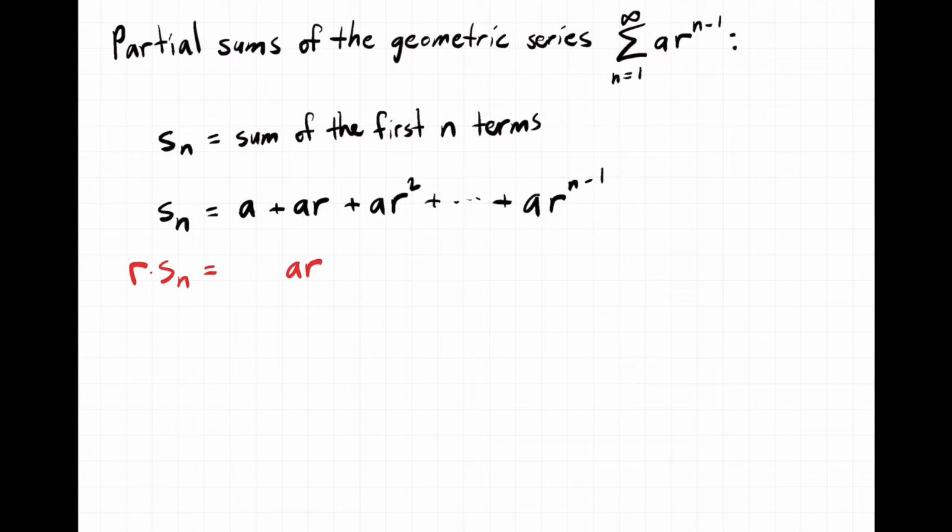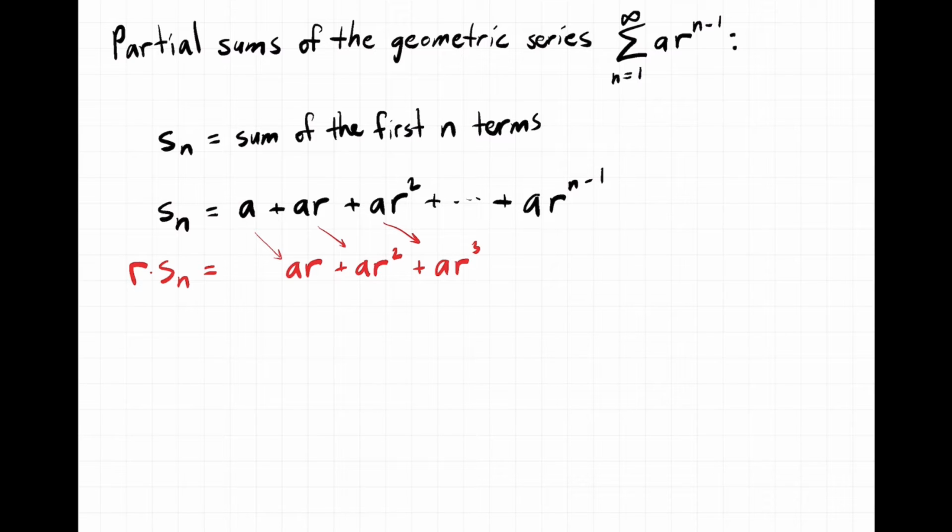Now, r times the next term, which was ar, is going to be ar squared. Now, r times the next term, that was ar squared, now we're going to multiply by r, that's going to become ar cubed. Of course, hidden in these ellipses there's already an ar cubed and so on. All the terms that we didn't write out are still here, we just didn't write them out.